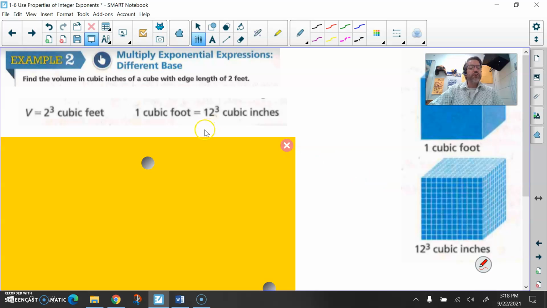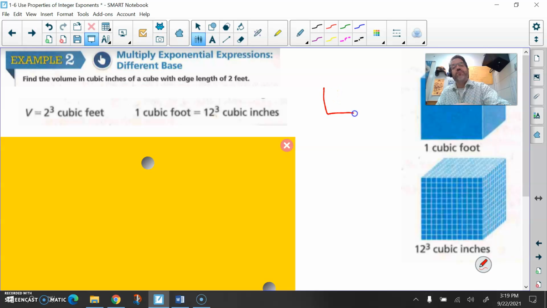All right, find the volume in cubic inches of a cube with edge length of 2 feet. All right, we have a cube with edge length of 2 feet. So volume is 2 to the 3rd cubic feet.